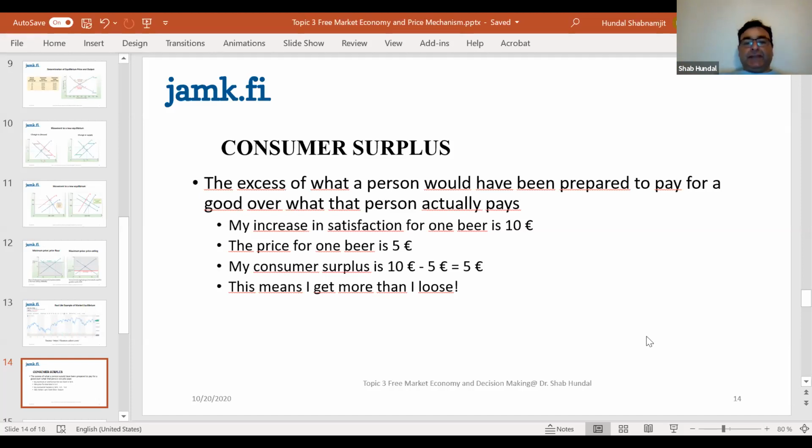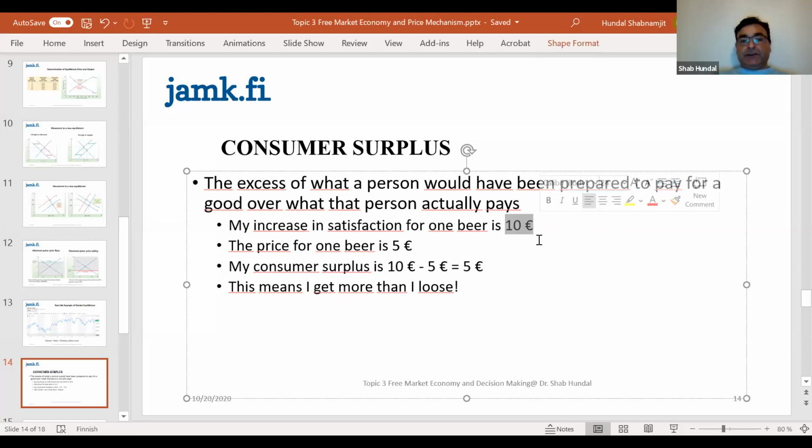So what happened here is that there is a price which you are prepared to pay, and it depends upon your marginal utility. And then there is an actual price which you pay. And both are not necessarily the same. For instance, a consumer thinks that if he or she consumes one additional pint of beer, his or her utility will go up to the tune of 10 euros.